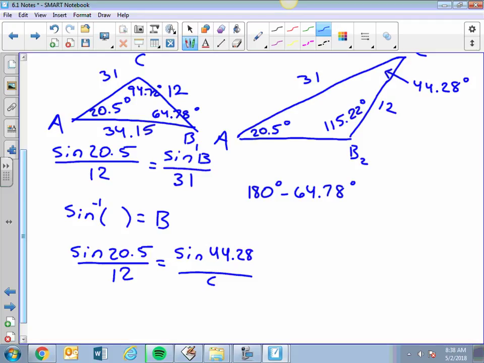So basically the same thing we just did, except now we're changing the angle for C. If I multiply this out, I would get 12 times sine 44.28, and I would want to divide that by sine 20.5. Okay, so I get 23.9.